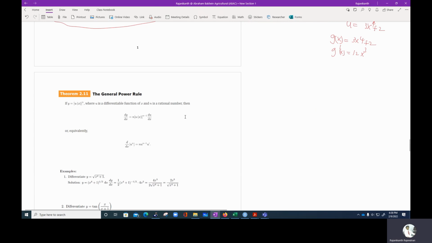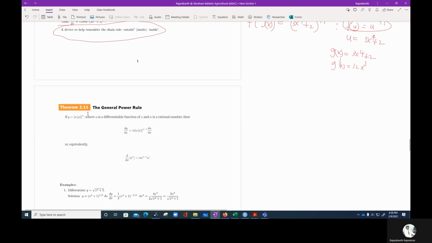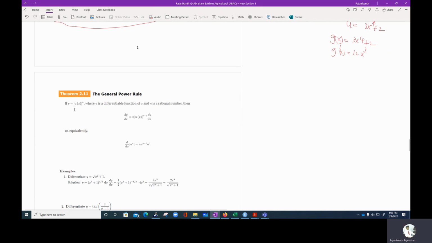Okay, so the general power rule, there is another rule. Suppose we are given a function u(x), then what's the derivative of u(x) to the power n? You could use the chain rule to get the answer.